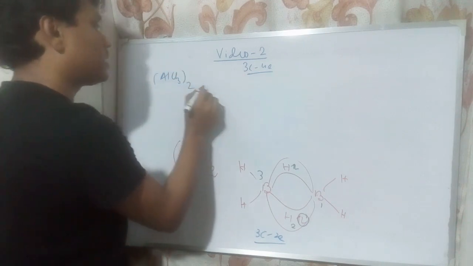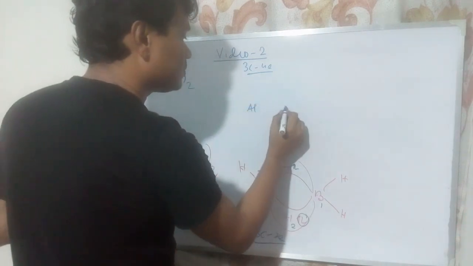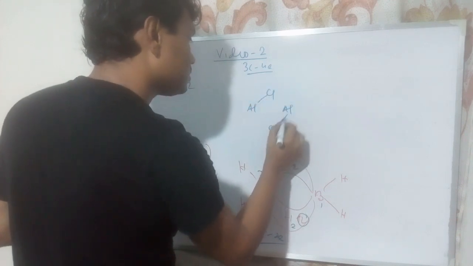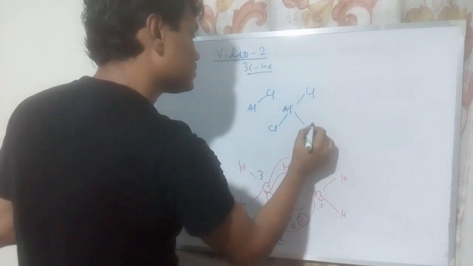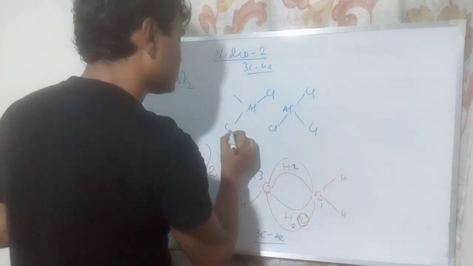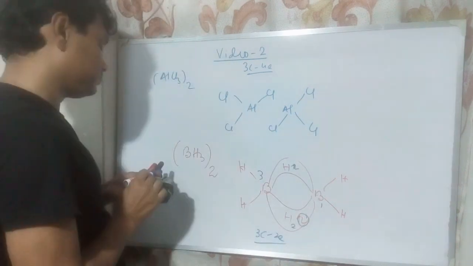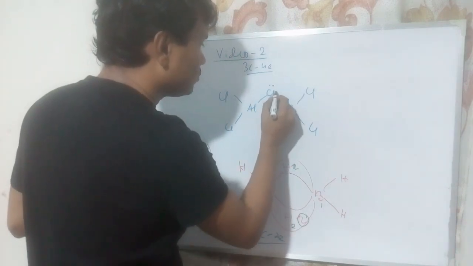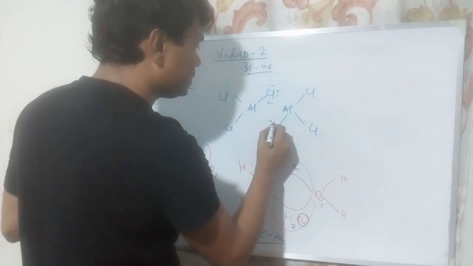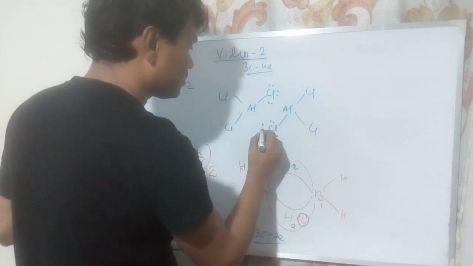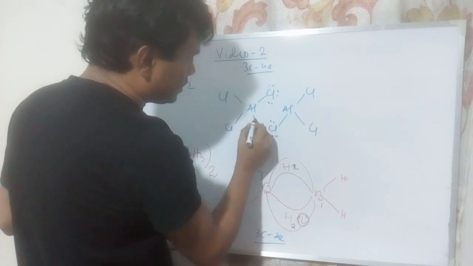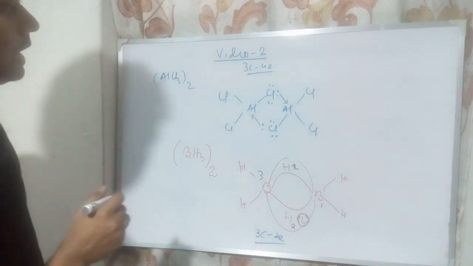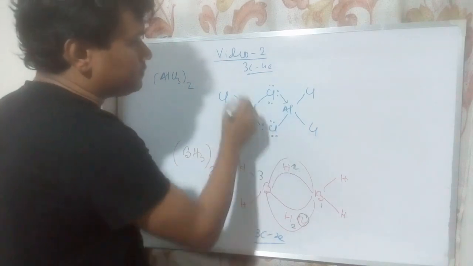AlCl3 twice. What happened? This aluminium, Cl. We know chlorine has 3 lone pairs, and 1 lone pair is donated to aluminium, here also 1. And we consider it as a 3C4E bond.